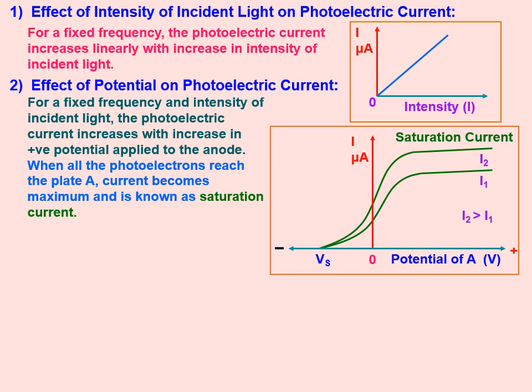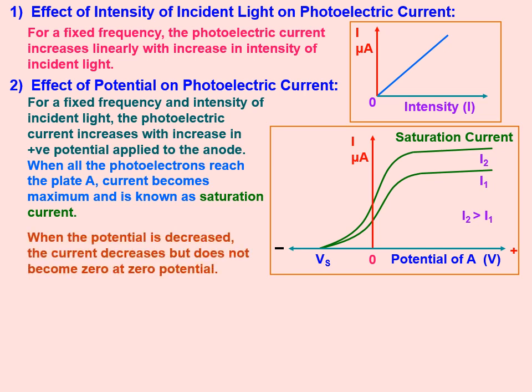So if we extrapolate this curve in the backward direction, it will meet the negative x-axis at point Vs. This point is called the stopping potential.